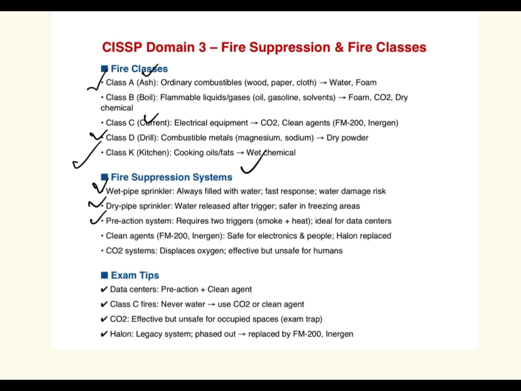Then the third is the pre-action system, which requires two trigger points, smoke and heat. It is like a dry pipe until fire conditions are verified. So there are two conditions which need to be met, two triggers. The detection system, the heat and smoke detector, activates and fills the pipes with water.